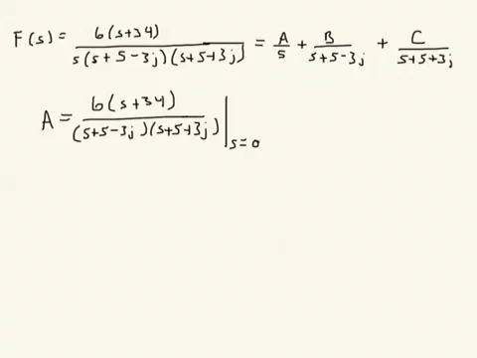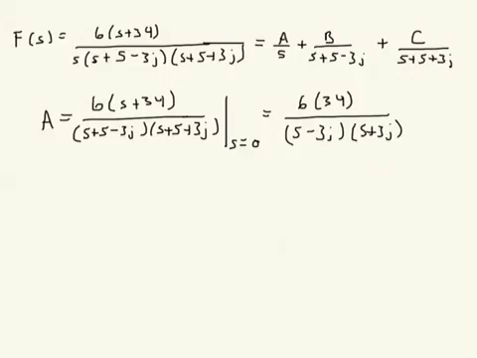Okay, that works out pretty well. We'll have 6 times 34 in the numerator, and we will have (5 minus 3j) times (5 plus 3j) in the denominator. These are complex conjugates in the denominator, so what I'll be left with is just the magnitude squared of this complex number.